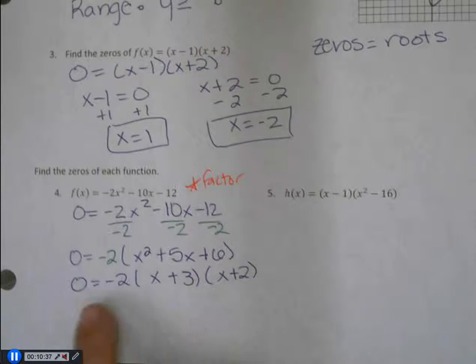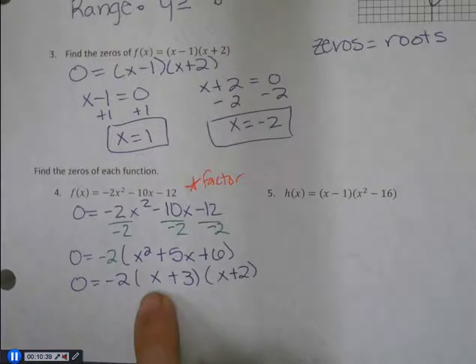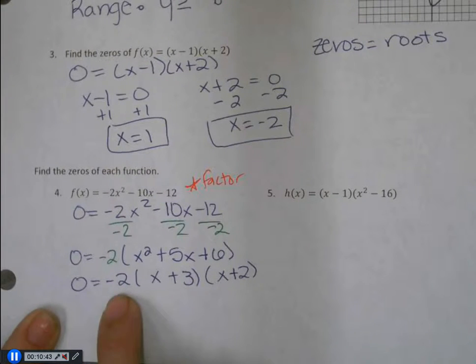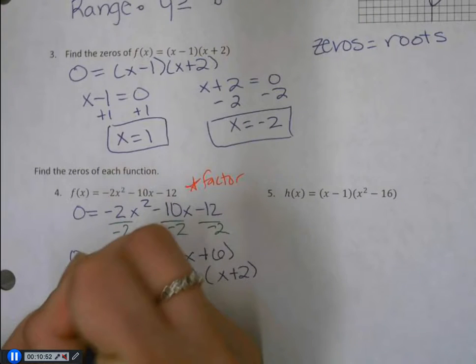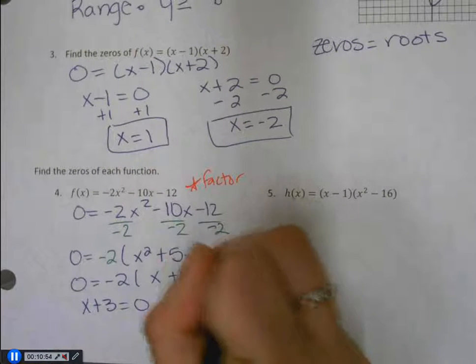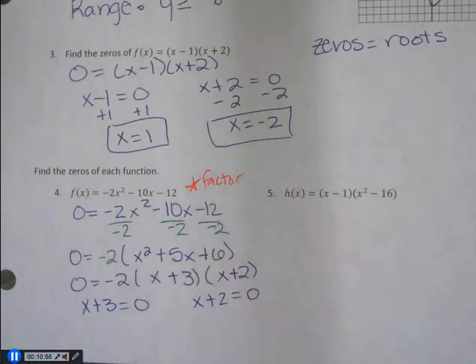Okay, then, because I'm finding the zeros, I want to take each thing inside of the parentheses and set it equal to 0. Because my negative 2 is not inside of parentheses and it doesn't have a variable, I'm not going to set it equal to 0 because I know 0 doesn't equal negative 2. So then I have x plus 3 equals 0, and then x plus 2 equals 0.